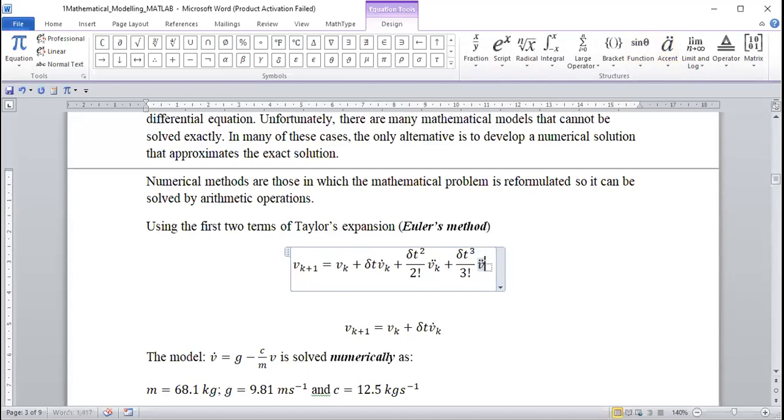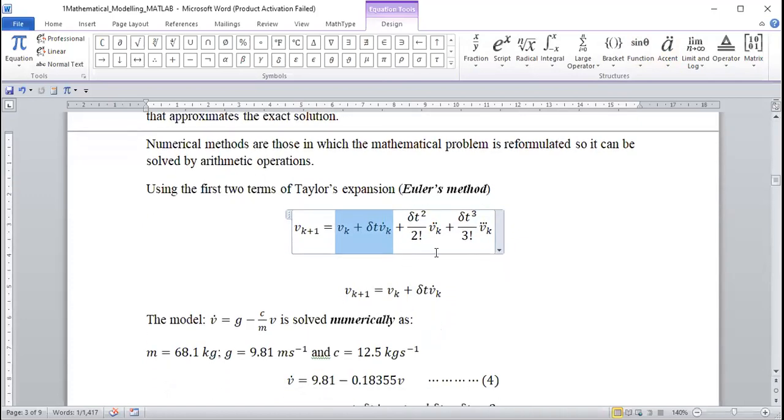But for Euler's method, we are just going to make use of the first two terms to approximate the model, or to solve the model numerically.